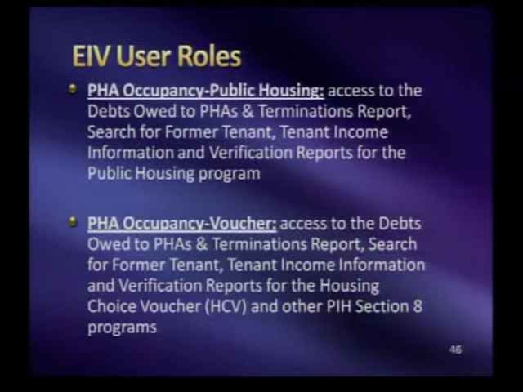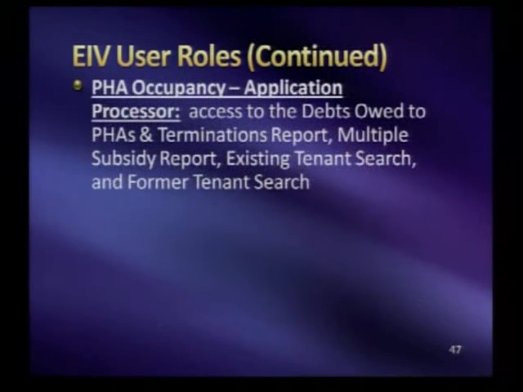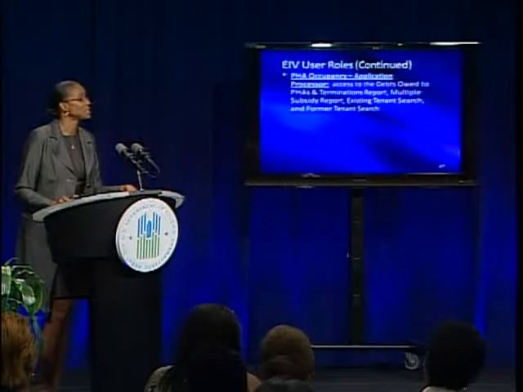The only difference is it's for Section 8 tenants only, okay? Now, your PHA occupancy application processor role, this is a limited role. This role only allows for a user to do the debts owed to PHAs and termination, former tenant search, existing tenant search, and view the multiple subsidy report.